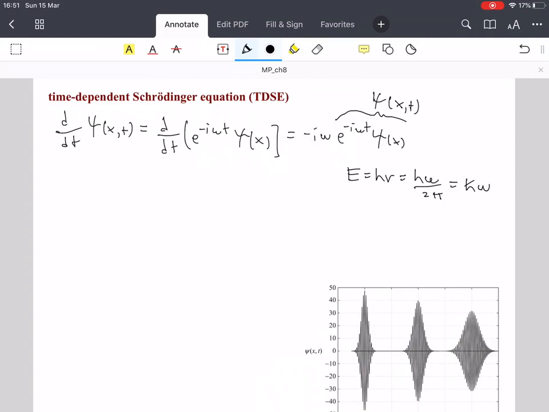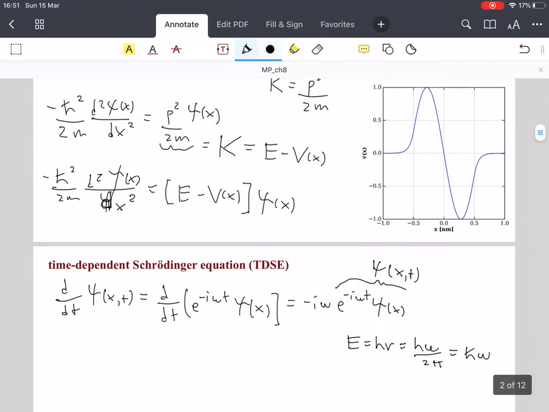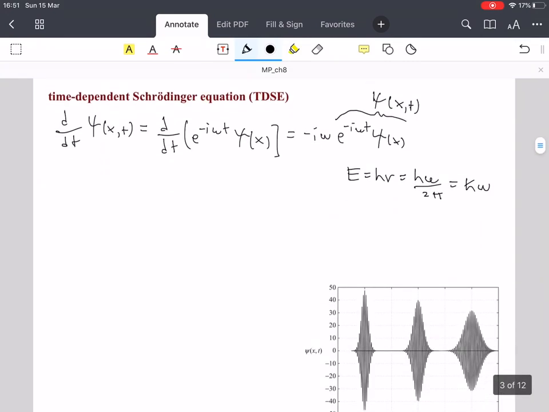And why do we do that? Because we saw from above that in the time-independent Schrodinger equation, there's this term E times psi. So if we now write this as E psi of x and t, we get that that is equal to negative h bar over i times the time derivative of psi.